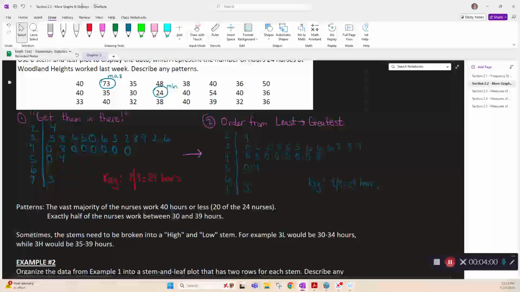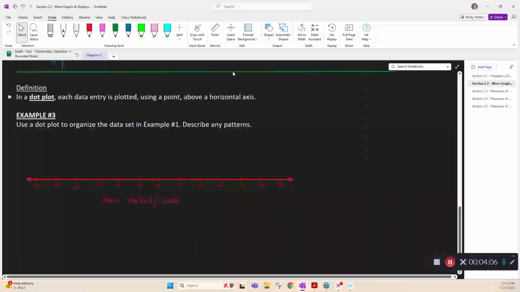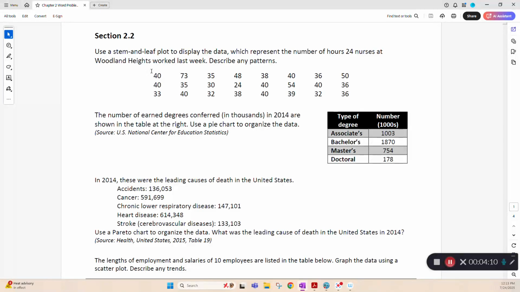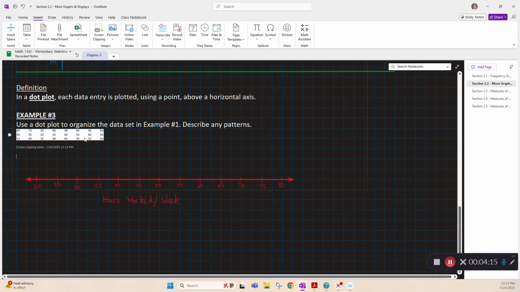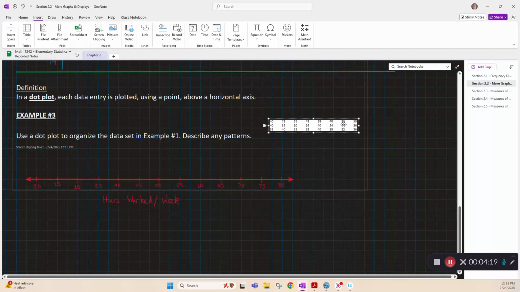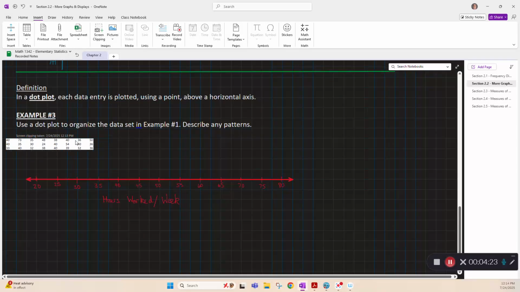That way you can see how a dot plot is really constructed. So I could put just a small insert of the data. I'll just leave it right there, just so we can reference it.